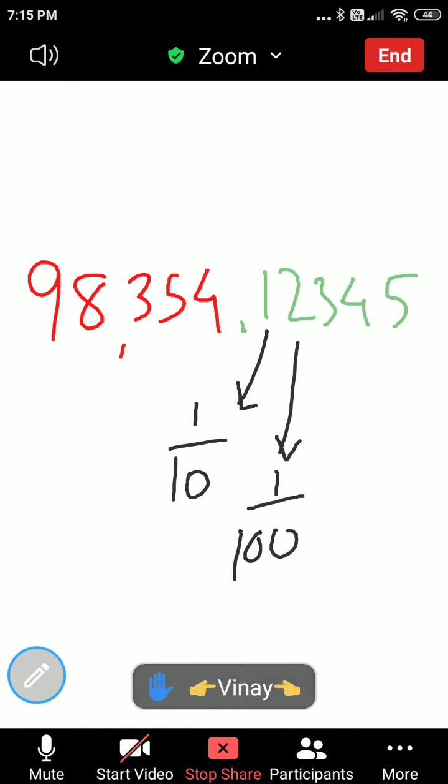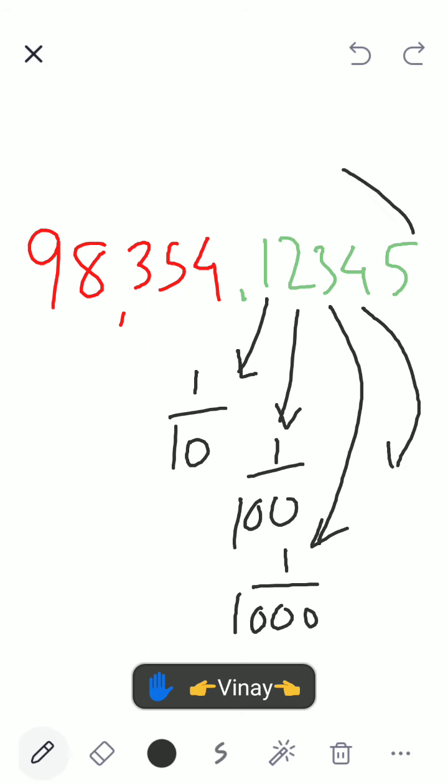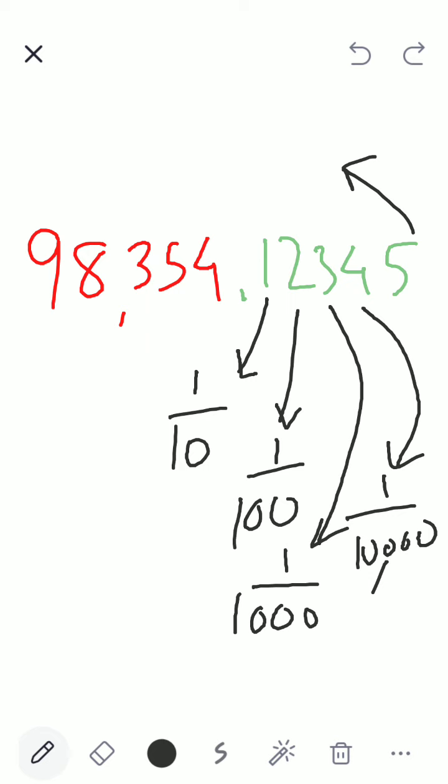So tell me, what is the place value of 3? Very nice. And like that, and so on, you can keep going, children. Yes, Vinay, tell me the next of 4. Very good. Govardhan, 5. 1 by 1 lakh.